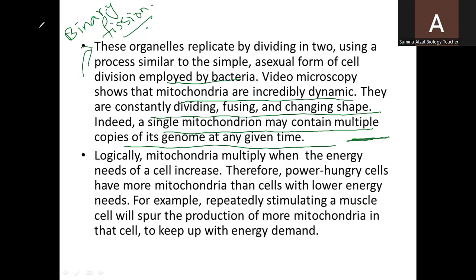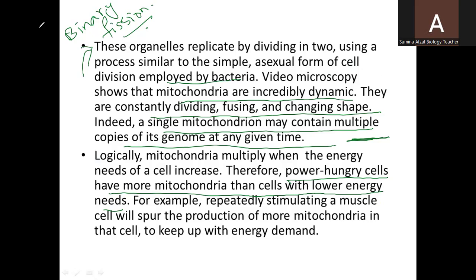They will divide, 2 into 4, and in this way, through binary fission, their number will increase. Therefore, power-hungry cells have more mitochondria than cells with lower energy needs. Different cells perform different functions, so according to their functions, they need more or fewer mitochondria.